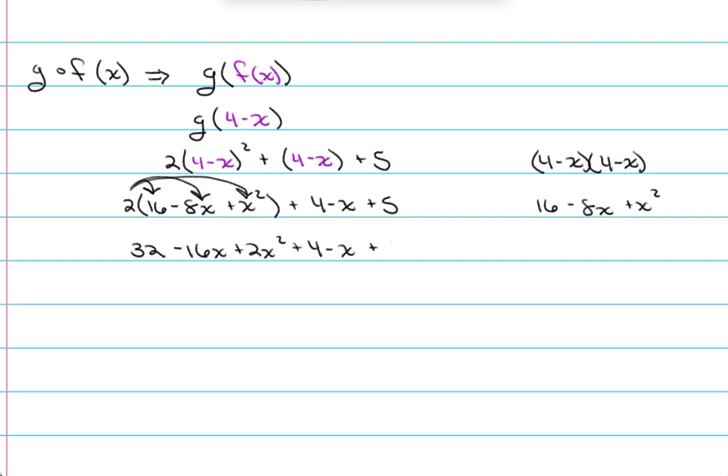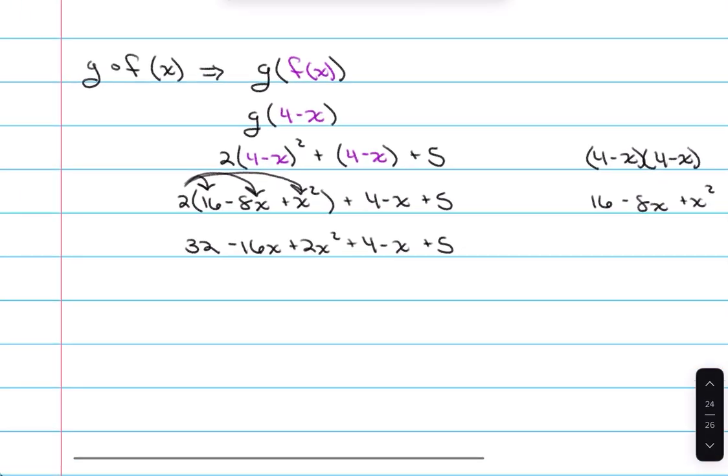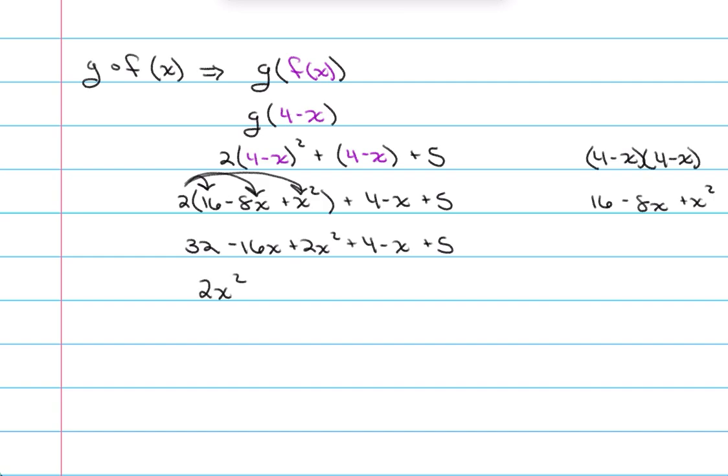Okay, clean up, so collect my like terms. I have 2x squared, so that gets to stay 2x squared because I don't have anything higher than that. And then I will have negative 16x minus x, so that's minus 17x.